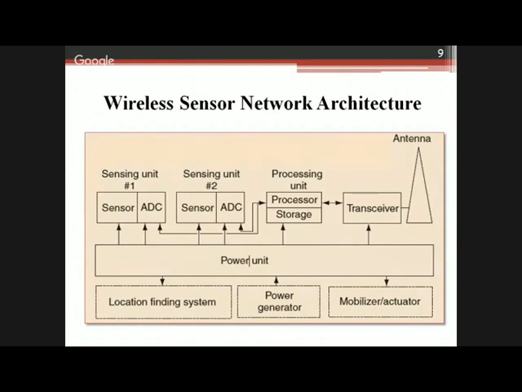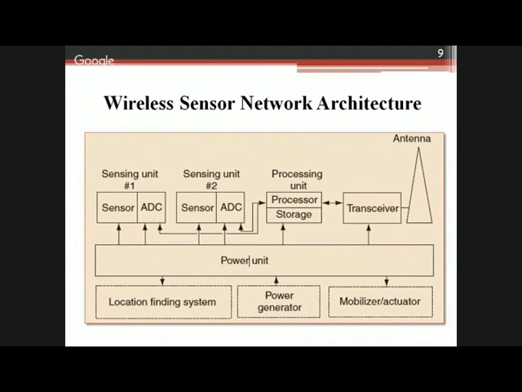Why is power so important, why am I again and again emphasizing this part? Because we have limited sources to give power to the sensor node. And wireless sensor nodes are basically deployed in hard to reach locations. It means you cannot change the battery all the time. If a sensor node is going to die, you cannot change its battery.